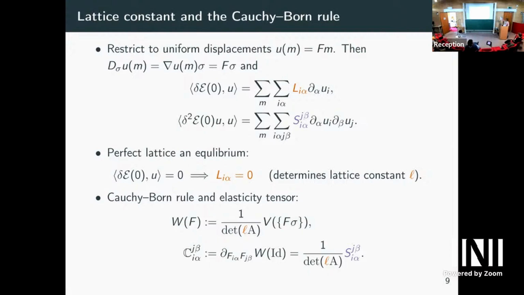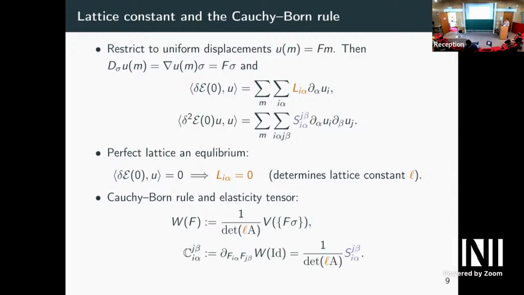Well, I suppose this is trivial because we just restrict to uniform displacements. But essentially, yes, we want the perfect lattice to be an equilibrium. That essentially means that these constants L_i^alpha have to be 0, and they often determine the usual distance between atoms. And then for the second order condition, that's where we couple to a corresponding continuum model.